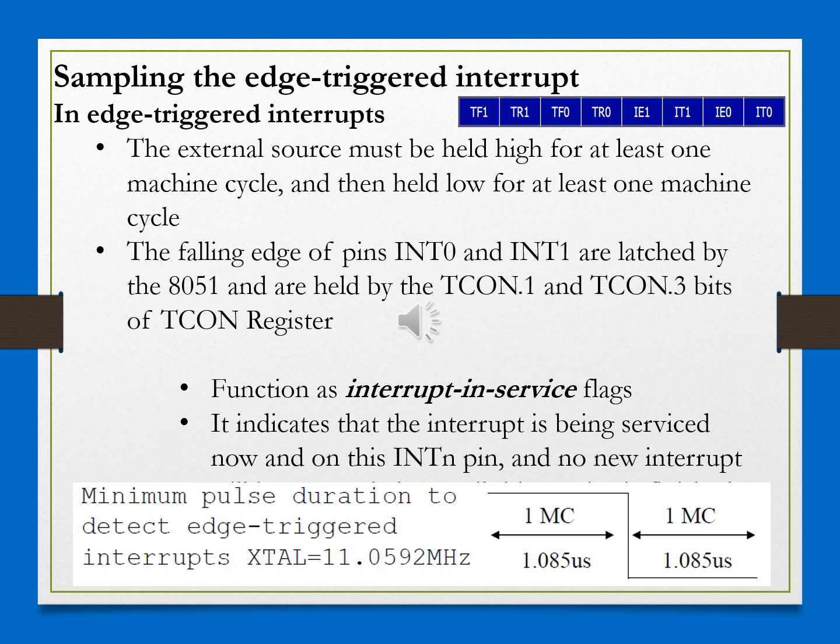They are the flags that become high to indicate that the interrupt is being serviced. So when they are high, it is an indication that the interrupt service routine for external interrupt 0 or external interrupt 1, for the edge triggered interrupt type, is being serviced or is under service. That's the meaning.